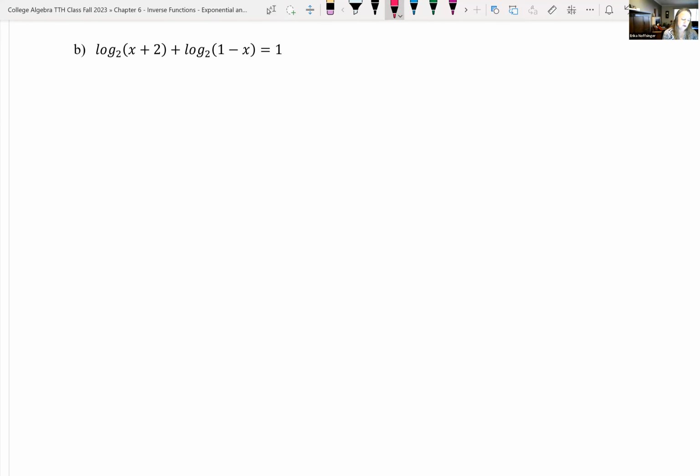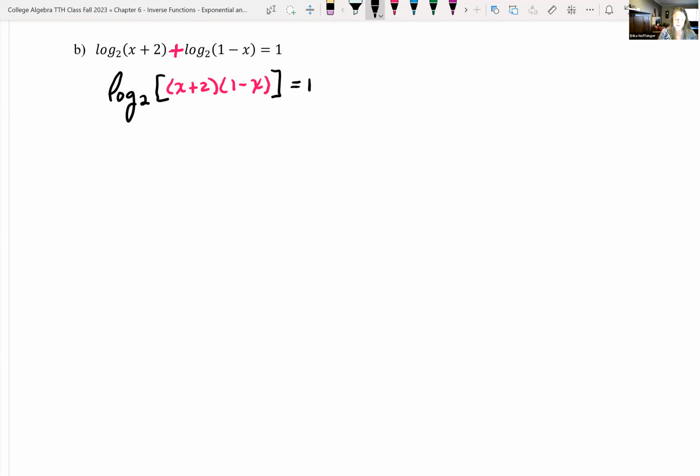And so I want to rewrite this as a single log. Addition in between my logarithms I can rewrite as multiplication. So I have log base 2 of x plus 2 all times 1 minus x, and this is equal to 1.